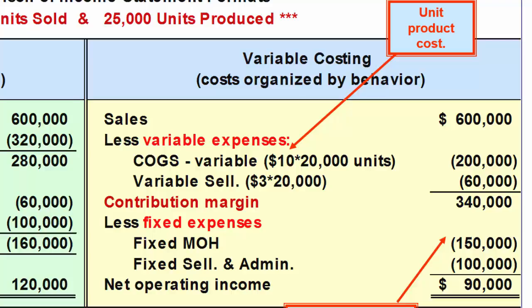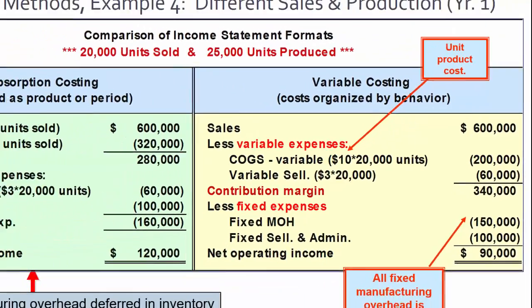The next variable expense deducted is the variable selling and administrative expense of $60,000, again based on units sold. After computing contribution margin, we subtract fixed manufacturing and selling and administrative expenses to derive net operating income of $90,000. Note that all $150,000 of fixed manufacturing overhead is expensed in the current period.